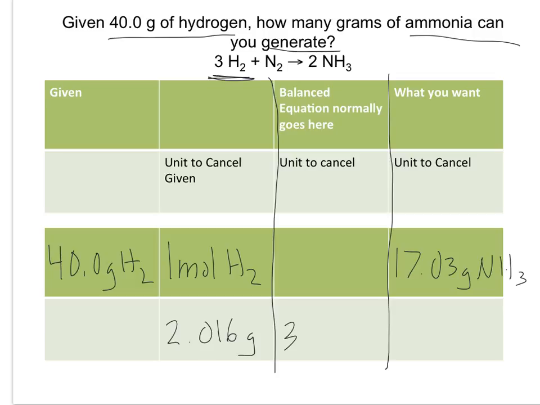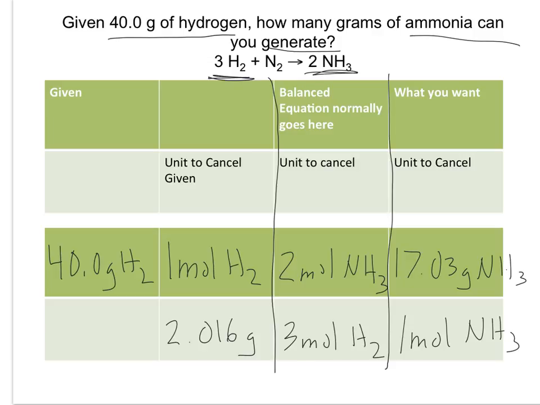So I'll have 3 moles of H2. And I'm going to go to 2 moles of ammonia. And then to get rid of that mole of ammonia, I'll have 1 mole of ammonia down here, which is the molar mass already put in.